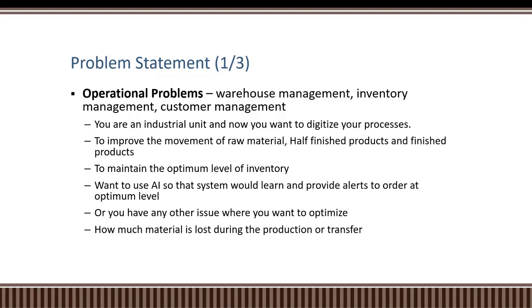Then there is the problem of the optimum level of inventory management, wherein you have, let's say, a certain demand for a particular month, and keeping that in mind, you have devised this whole distribution channel with that level of inventory. But suddenly there could be a surge in the demand, or a drop in the demand.